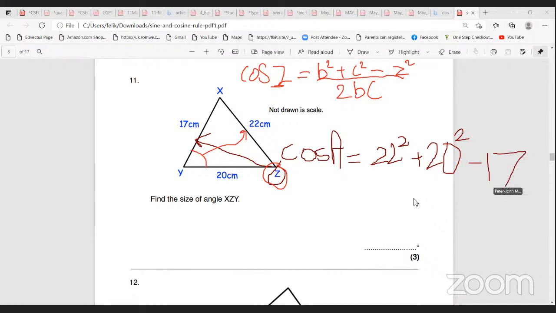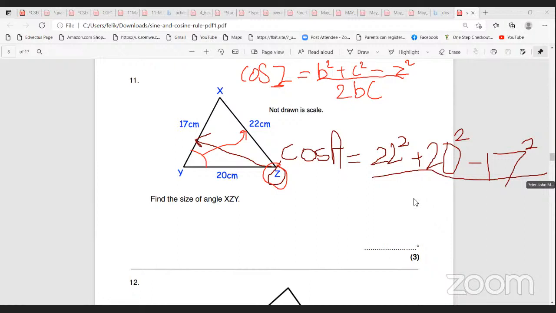Yes, and the two BC will be about the same numbers at the top. Yes. Okay.